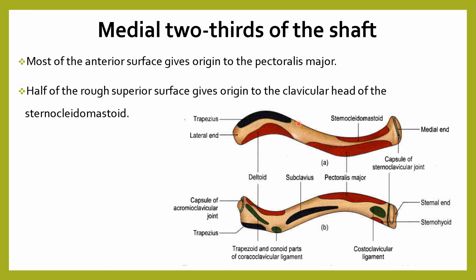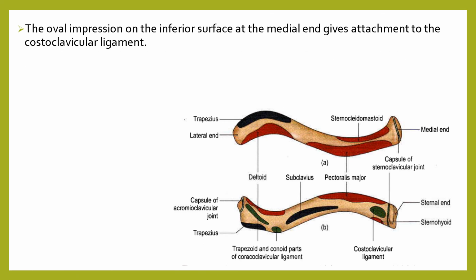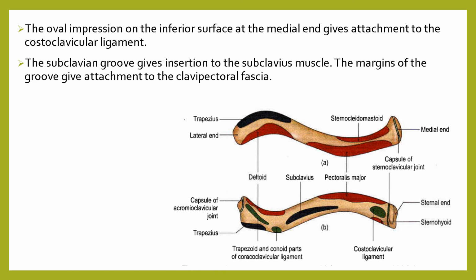Superior surface gives origin to the clavicular head of the sternocleidomastoid muscle. Inferior surface gives attachment to the costoclavicular ligament, right? And the subclavian groove gives insertion to the subclavius muscle which is present at the inferior surface, right?